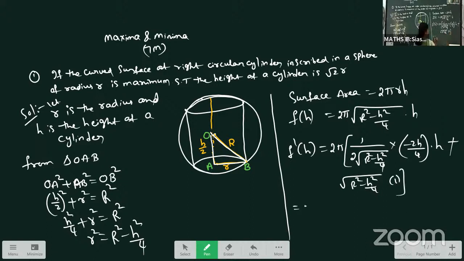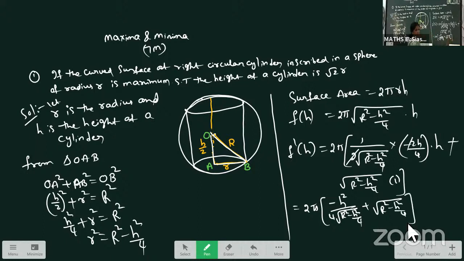Now simplify: 2 pi into, the 2 and 2 get cancelled, minus h by h into h square by 4 over root of R square minus h square by 4, plus root of R square minus h square by 4. This is the f dash of h value we got.